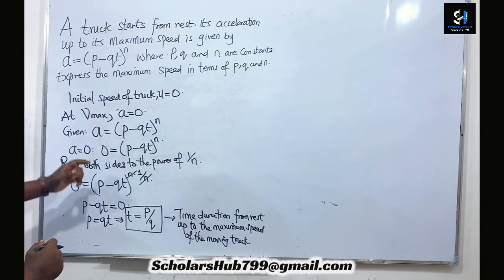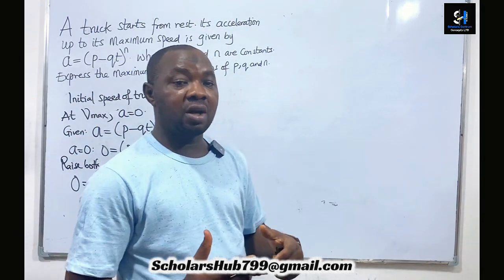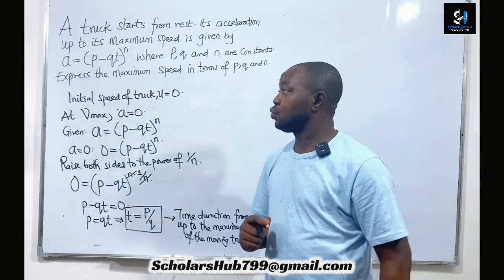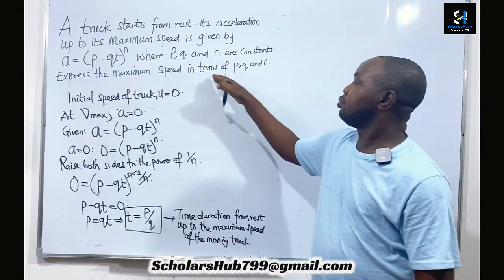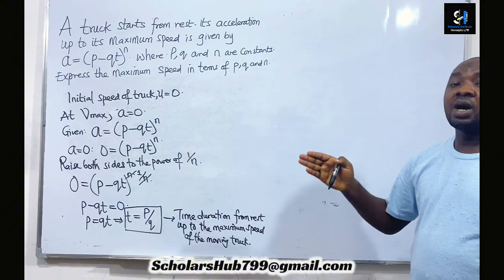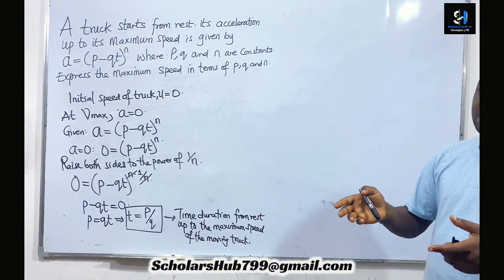So now, because velocity can be expressed as the integral of acceleration with respect to time, let's not forget that our task is to express the maximum speed in terms of P, Q, and n. When I say velocity, it also means speed in this case.